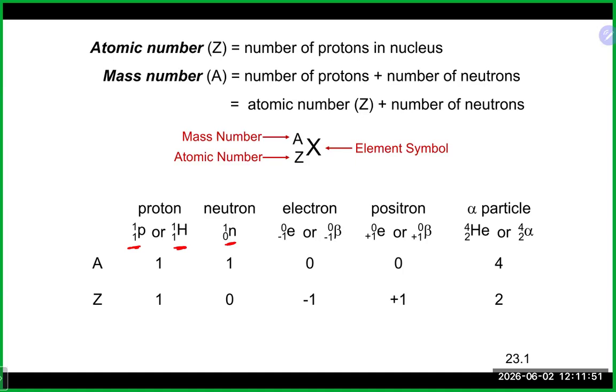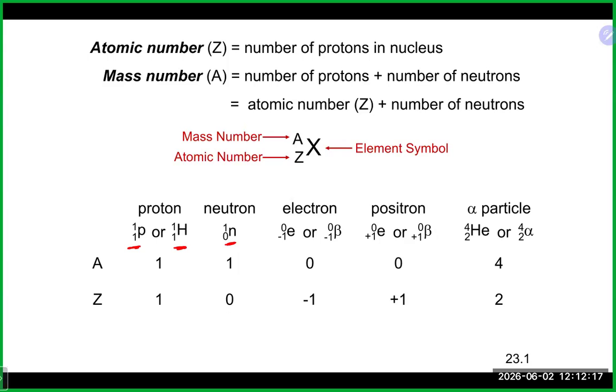It has nothing to do with anything in the nucleus. That's why when we balance a chemical equation, we need to make sure we have the same number of elements on each side, because we never change elements. In a nuclear reaction, it is all about changing what's in the nucleus. We change protons to neutrons, neutrons to protons. So we do not get the conservation of elements like we see in a normal chemical reaction.